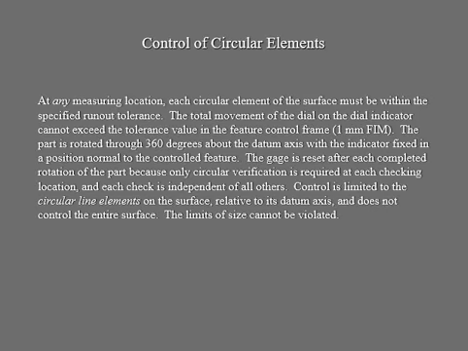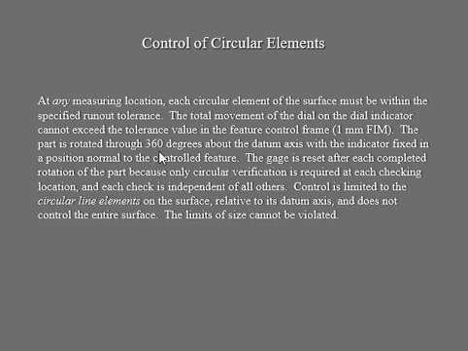Okay, so the control of your circular elements, we already know that it's got to be within your runout tolerance zone, and the total movement of that dial, your measurement device, the dial indicator, cannot exceed your tolerance value identified in that control frame. So that's what we're talking about here. Don't forget, these are the two most important points.